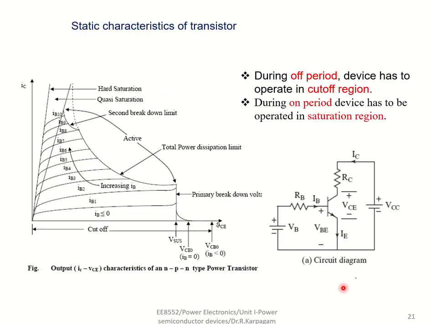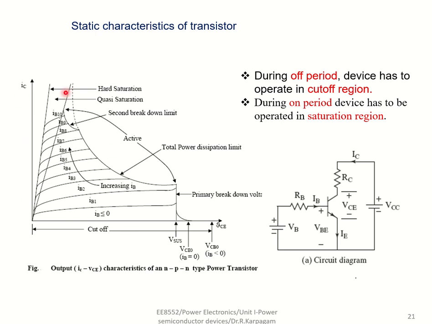Static characteristics of transistors, or volt ampere characteristics of transistors. In a transistor with CE configuration, the input base current and output collector to emitter voltage are independent variables, whereas the input base emitter voltage and output collector current are dependent parameters. During off state, the device has to operate in cutoff region.